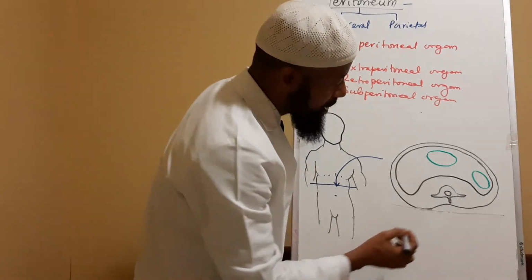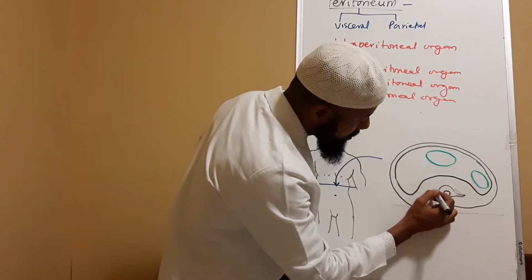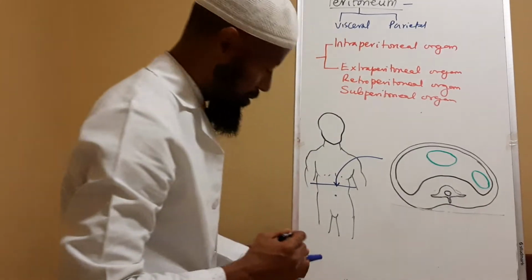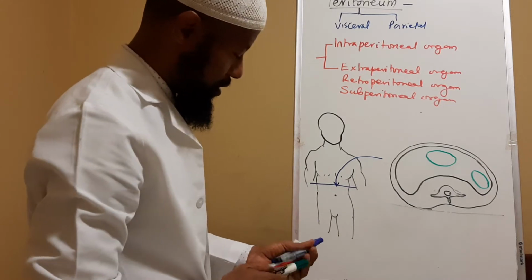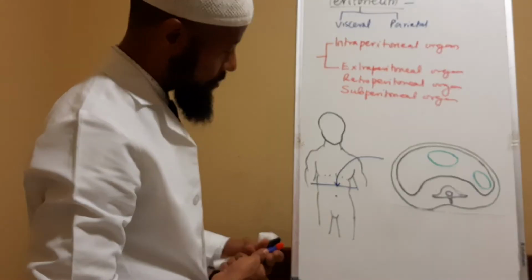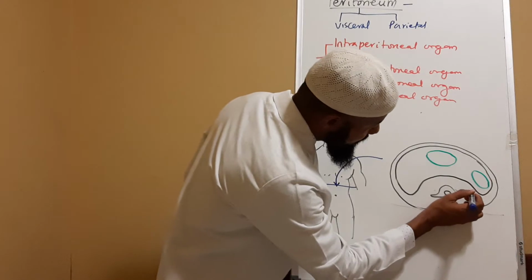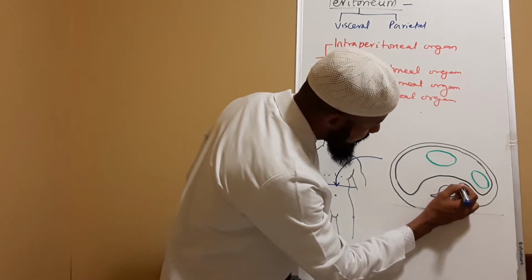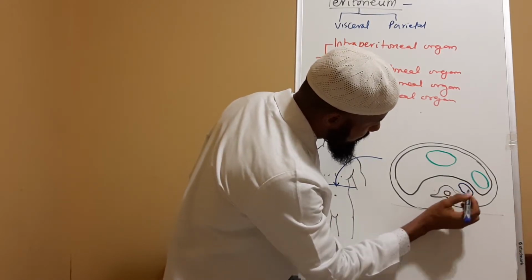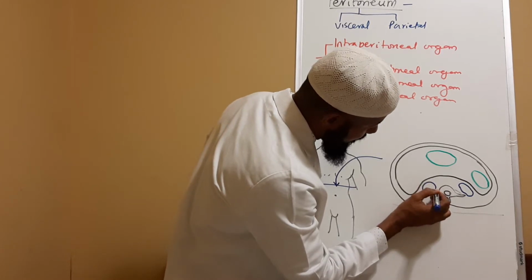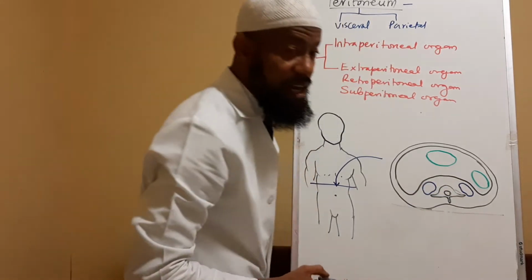This is the vertebral body. And you know that muscles are attached to all this. These are muscles, back muscles. And that's your kidney. And that's the other kidney on the right side.